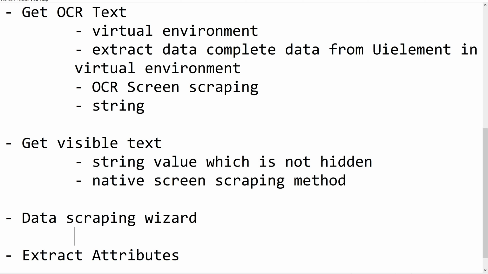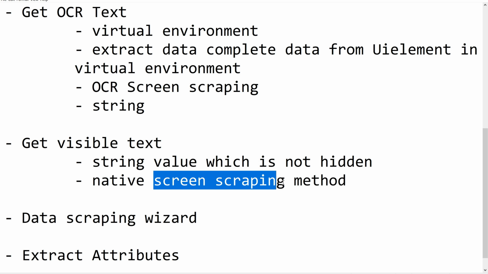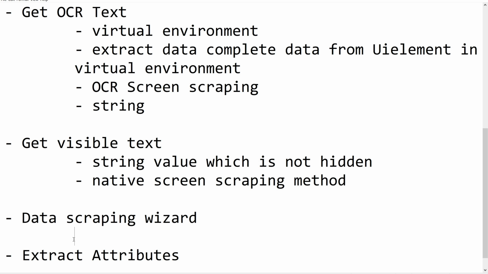Keep this in mind, it gets the structured data, whereas screen scraping will extract any unstructured data into a string. Here data scraping will extract the structured data into a data table.